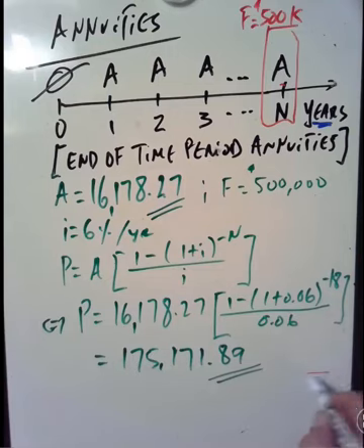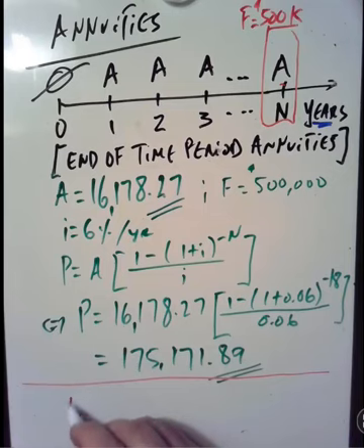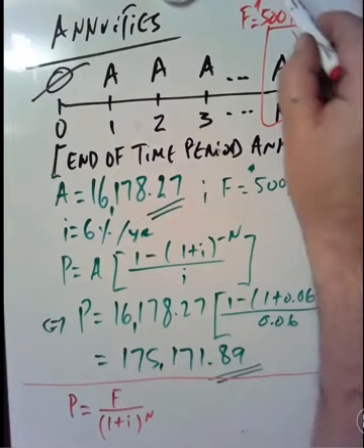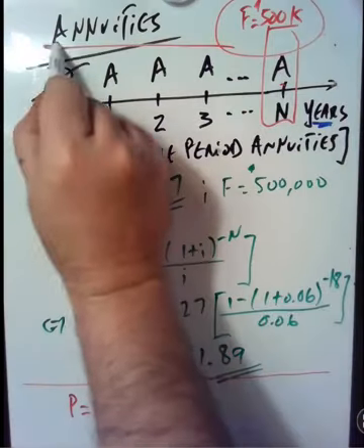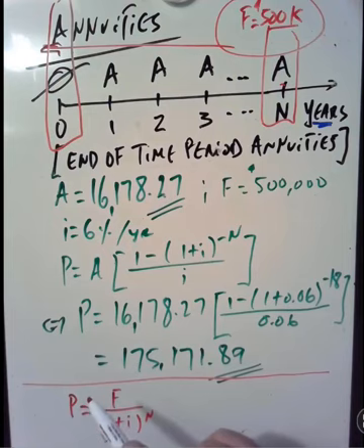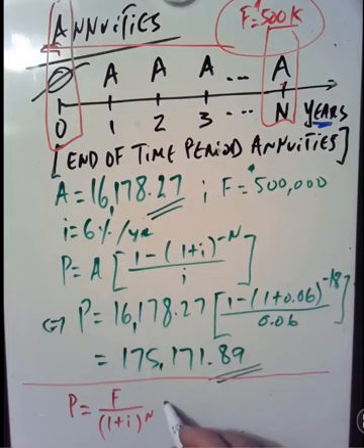The alternative way to figure out the present value is to use the mother of all formulas, solved for the present value. The present value is equal to the future value divided by (1 plus the interest rate) to the power of n. So I could simply push this 500,000 through and figure that out instead of using the present value of an annuity.